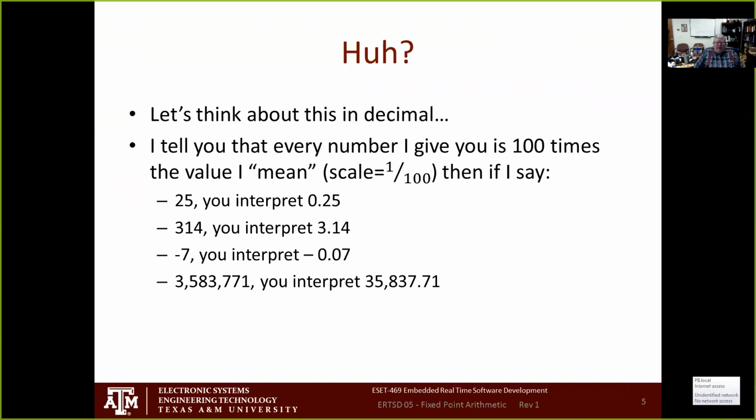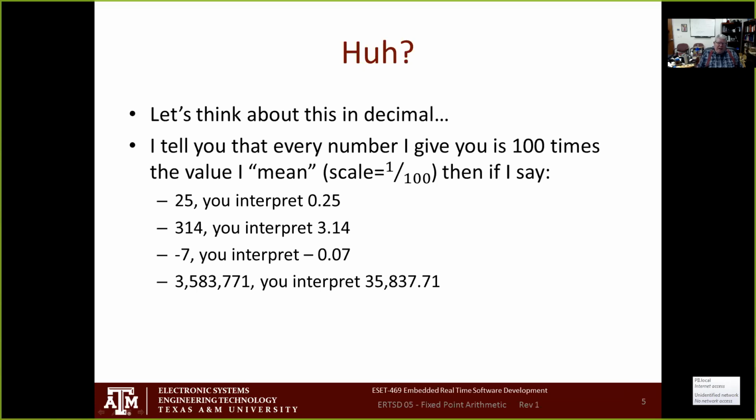If I tell you that every number that I give you is 100 times the value I actually mean, that would be a scale of 1/100. If I say 25, you're going to interpret it as 0.25. If I say 3.14, you're going to tell me pi.